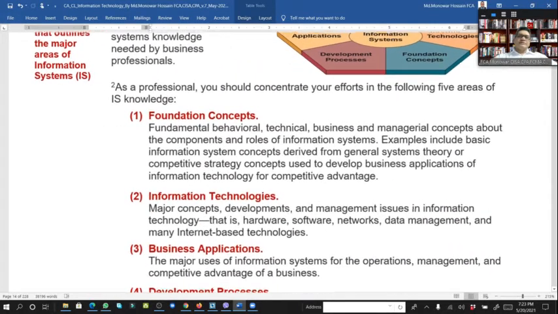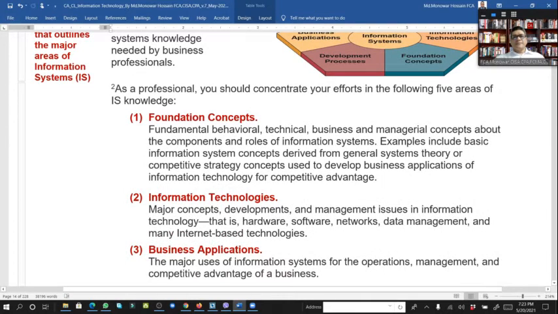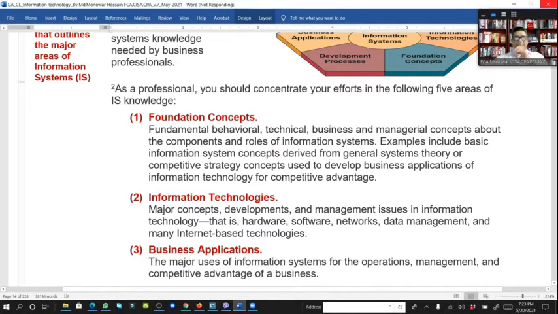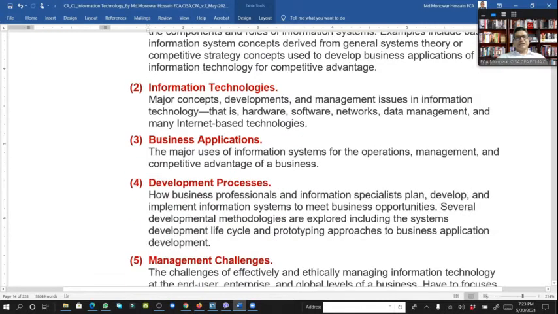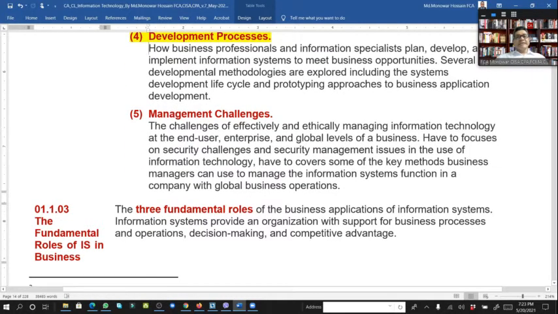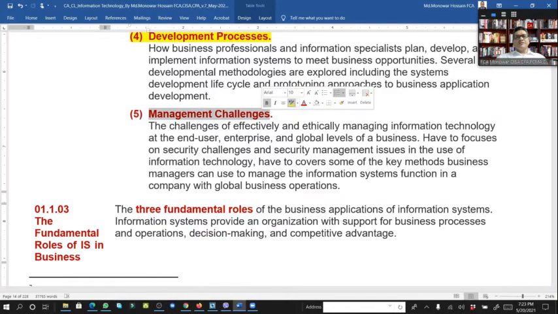Here it is saying that as a professional, you should understand all 5 areas of information system knowledge. So we can say there are 5 areas of information system knowledge: fundamental concept, information technologies, business applications, development process, and management challenges, all 5 areas.